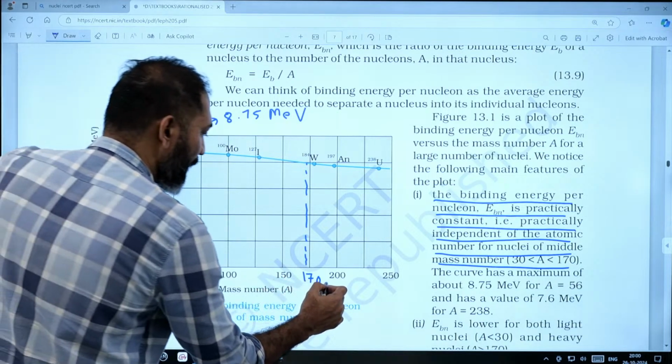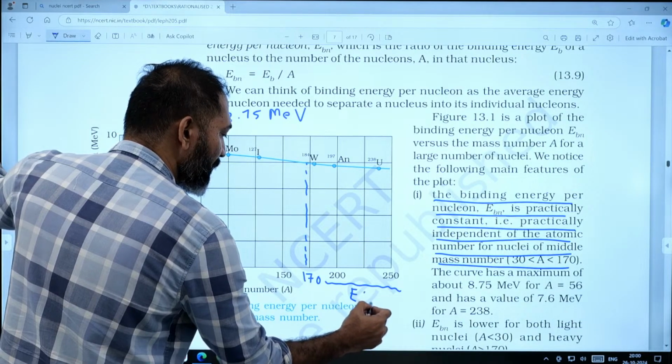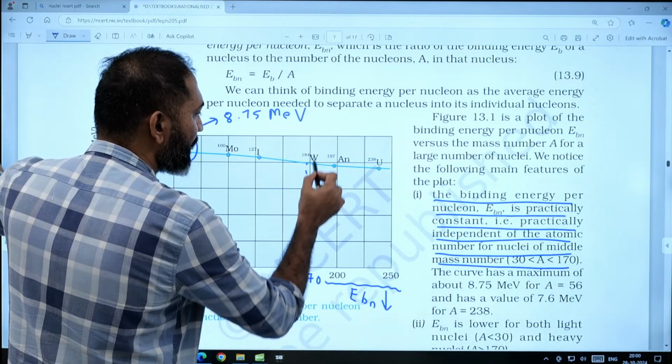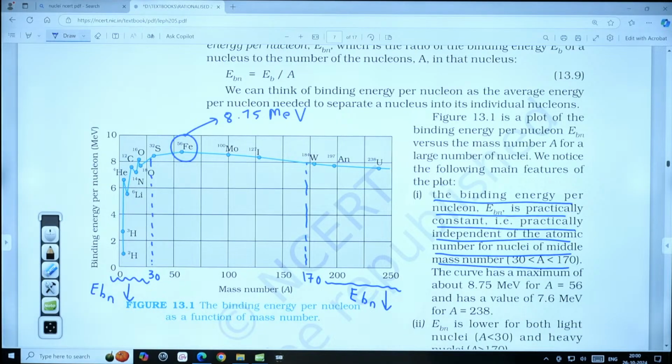And for heavy elements, the binding energy per nucleon is also lesser. See, here the binding energy per nucleon is dipping, reducing. Please note down.